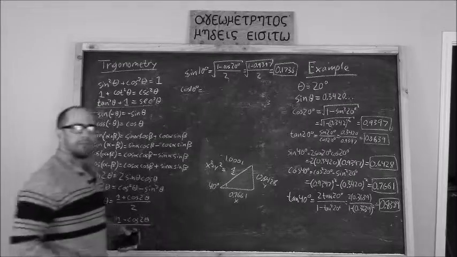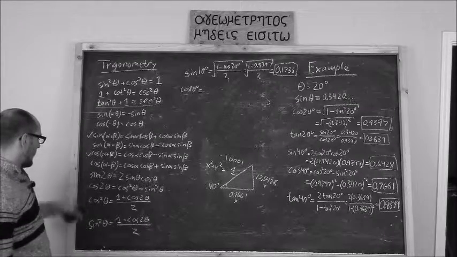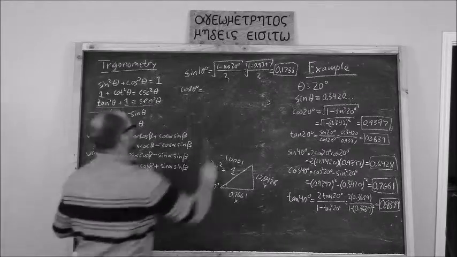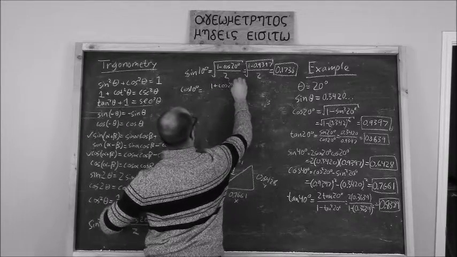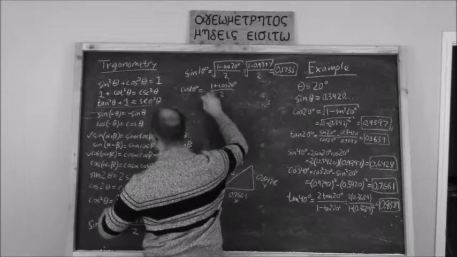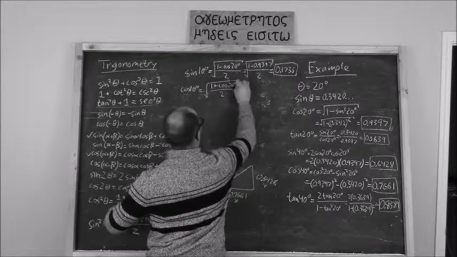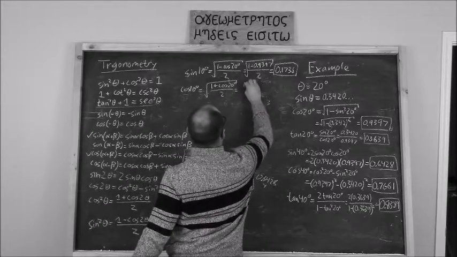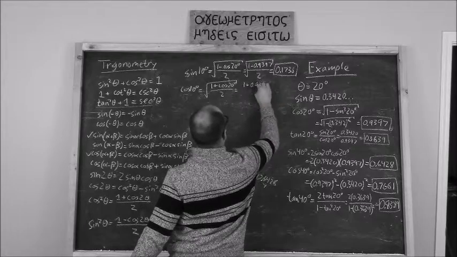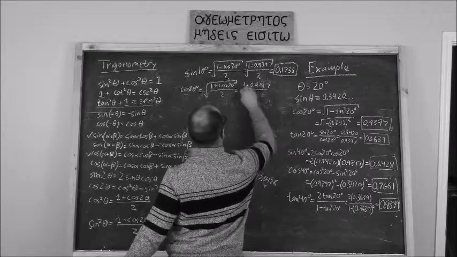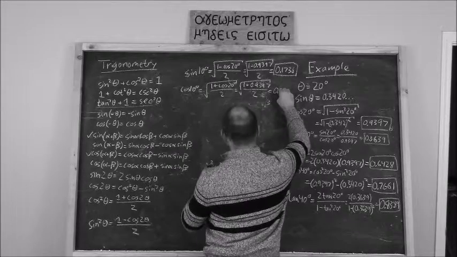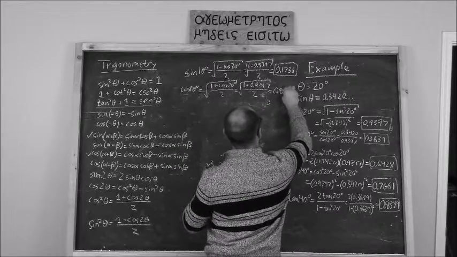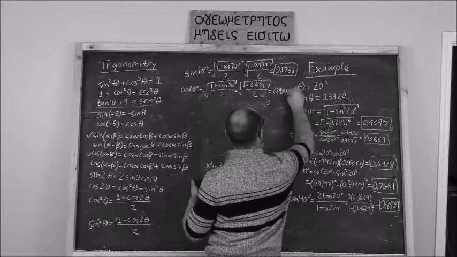Okay? How about cosine of 10 degrees? Well, that's going to look very similar, also using the half angle identity. This is going to be 1 plus cosine of 20 degrees divided by 2. And again, take the square root at the end. 1 plus 0.9397 divided by 2, square root. 0.9848.